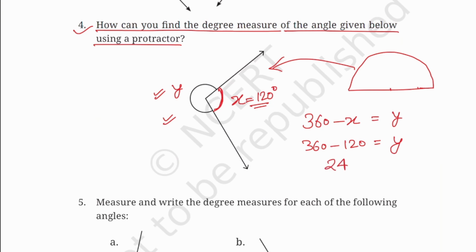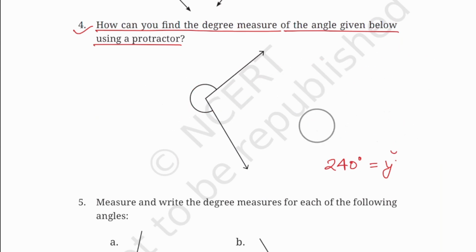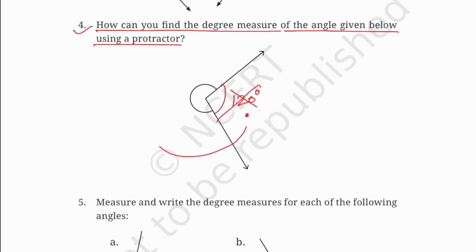So the answer will be 240 degree. So this angle will be 240 degree. I have done this without measuring this angle. I have taken this angle as 120 degree, but this is not so. Kindly measure this and then subtract this from 360, you will get this angle.